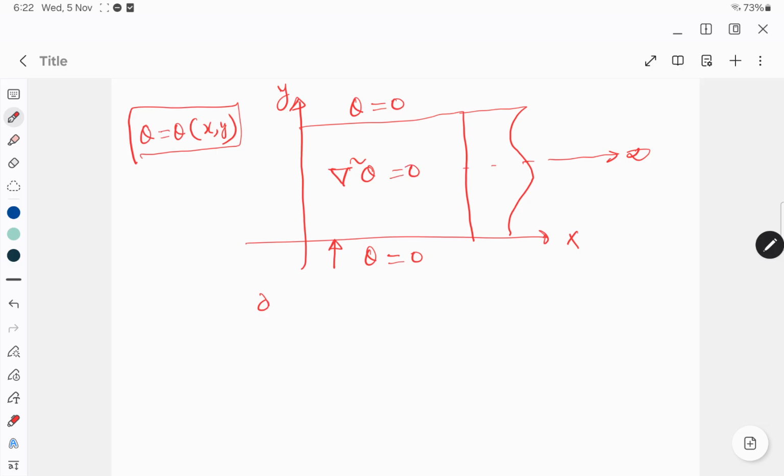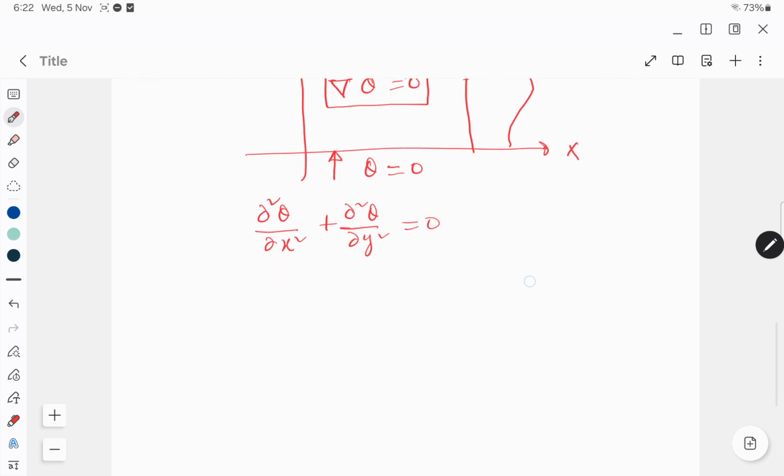No heat generation, nothing is happening, so the simple governing equation would be del square theta equal to 0. Now del square theta, if you expand in two dimensions, is del 2 theta over del x square plus del 2 theta over del y square equal to 0. Remember, x is dimensionless and theta is also dimensionless.